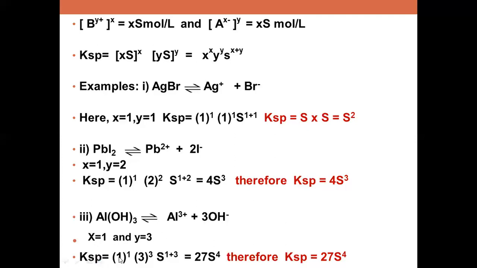Value of x is 1 and y is 3, 3 into 3, therefore 3 into 3 into 3, किती आले, 27, and therefore here 27 into 1 that is equal to 27, and s raised to 3 plus 1 that is equal to 4, therefore 27 s to the power 4. Therefore Ksp is equal to 27 s to the power 4, this is the value of Ksp.